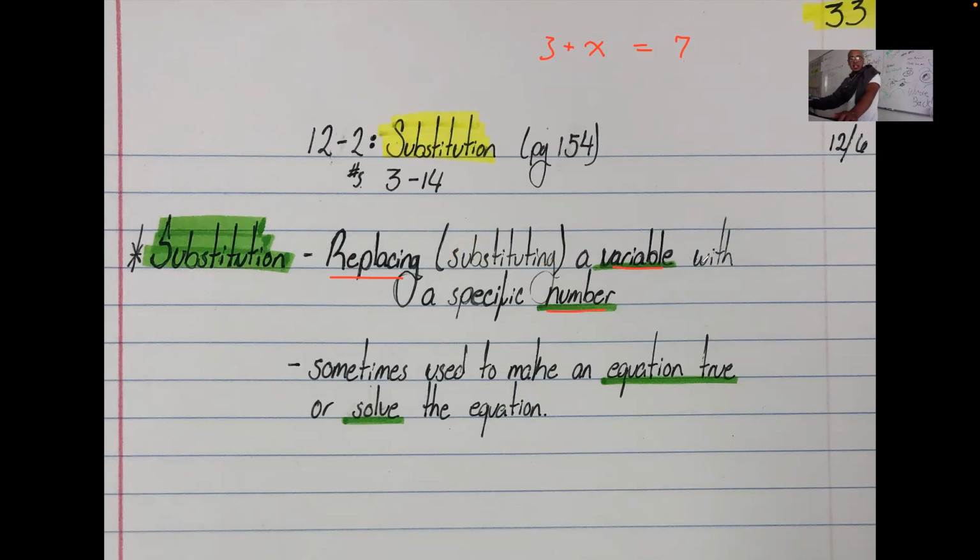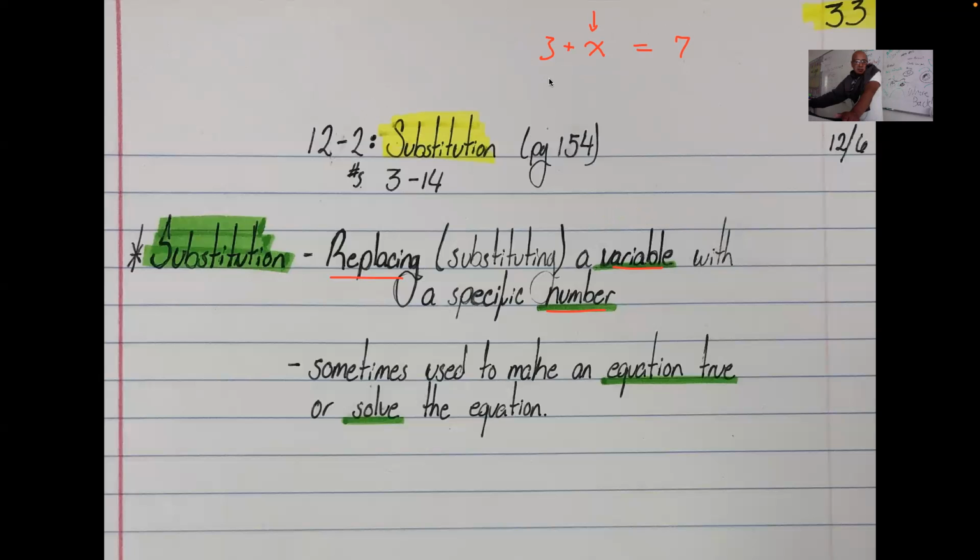By now you should know that a variable is going to be a letter or symbol like X, Y, it could be Z, it could be A, it could be P, it doesn't matter. So we're going to be replacing those letters and symbols with a specific number so that this is a true statement. For example, up here, what can I substitute the variable X with to make this a true statement? That 3 plus that number will equal 7.